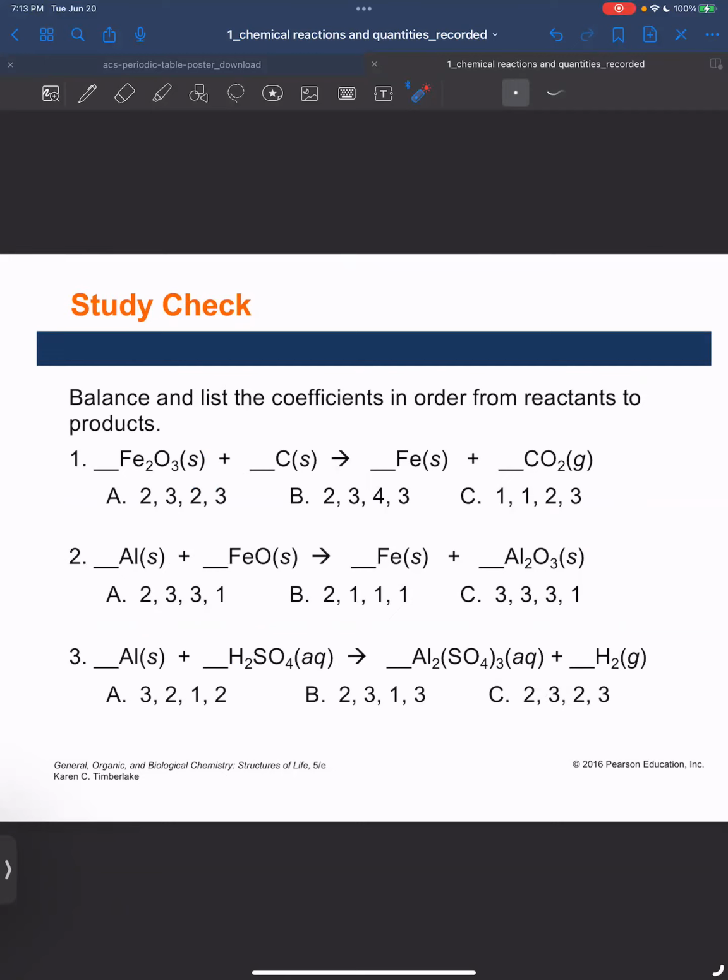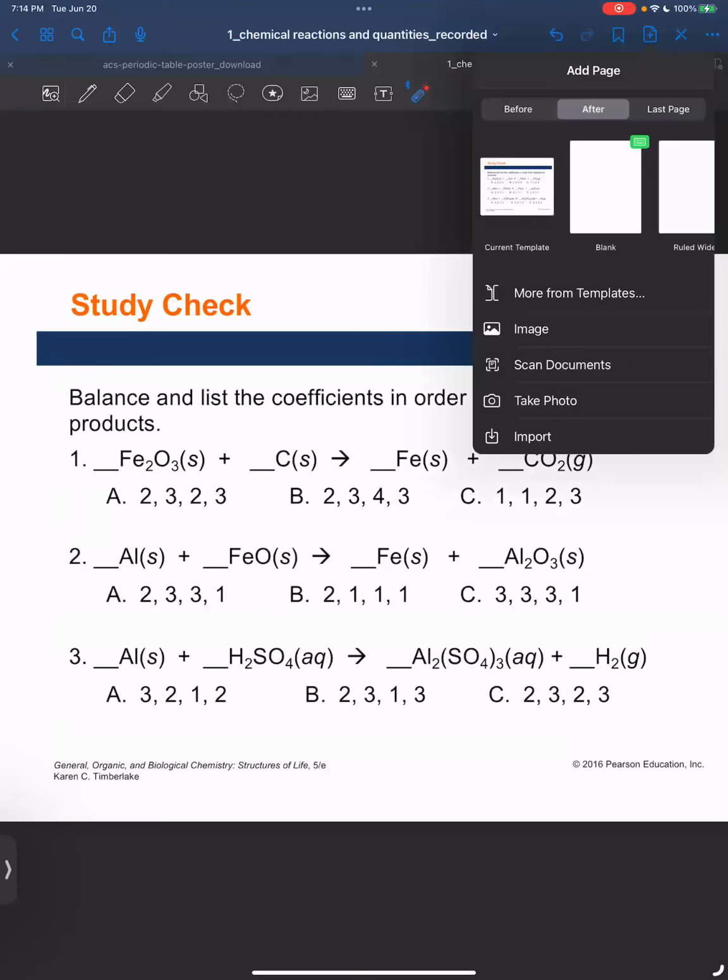All right, the first one we have here, we have iron 3 oxide plus carbon gives iron and CO2. So I'm actually going to add a page here so we can make our table together.